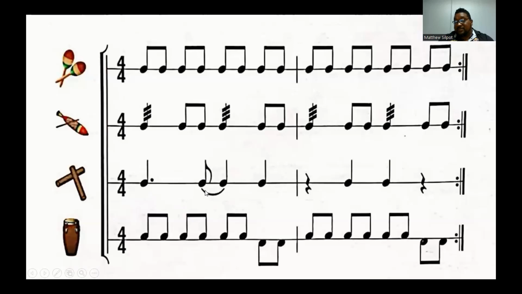Quickly, we did not talk about this, but a dot extends the note by half its value. A crotchet by itself would be 1 beat. If we have a dotted crotchet, the beat has been extended, so now all of this is 1.5.